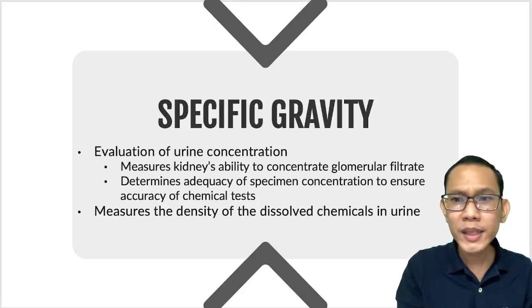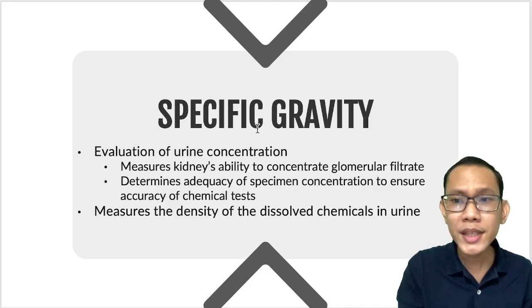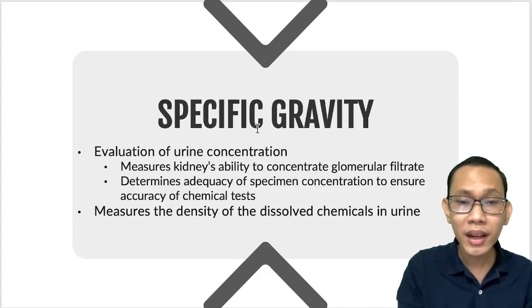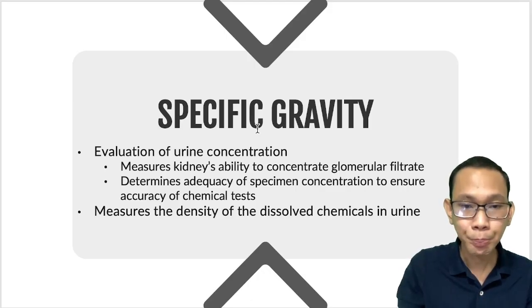So now we will discuss the last part ng ating physical examination, which is your specific gravity. Here sa specific gravity, we will be discussing different methods in identifying or measuring your specific gravity. But again, as I said, the most important methodology is now your reagent strip.